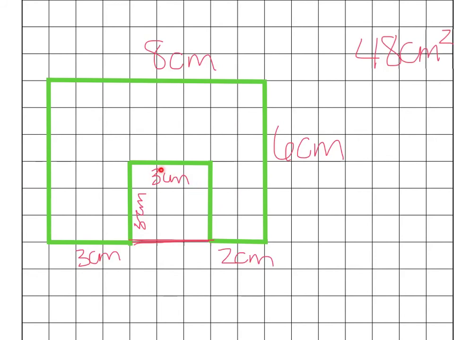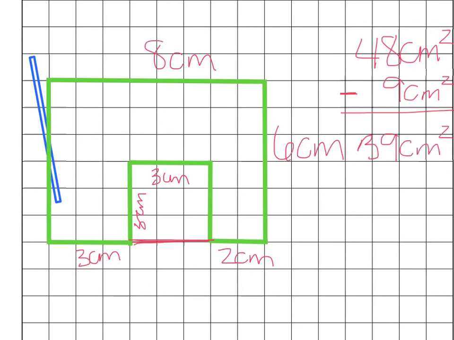Then I have to find the area that's missing. So this is 3 centimeters by 3 centimeters, so that's 9 square centimeters. So I subtract 9 square centimeters, and from that we get 39 square centimeters. Same answer, 2 different strategies.